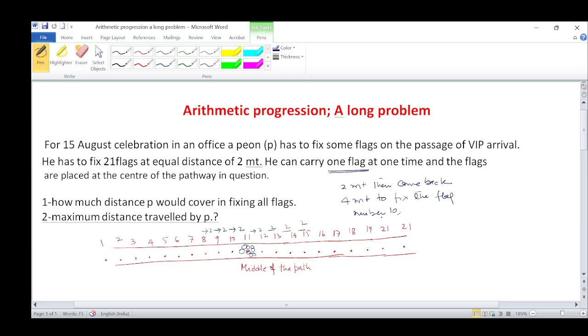Okay, when he will go to the flag number 10, then he will come back, then it will be 4 meter. So now this is to be remembered by you people. This is very important.